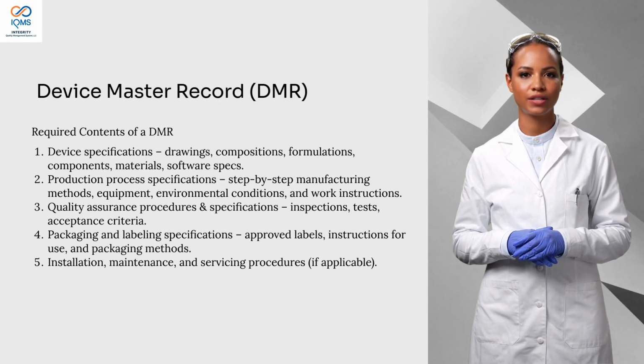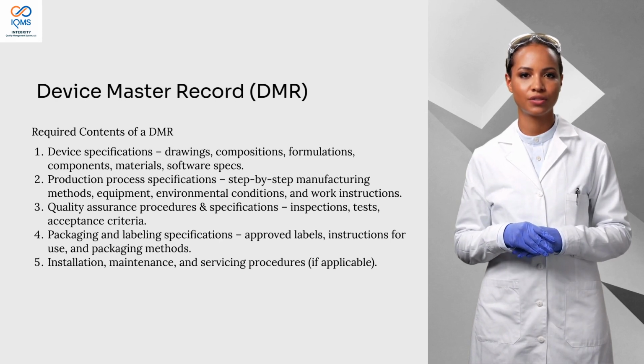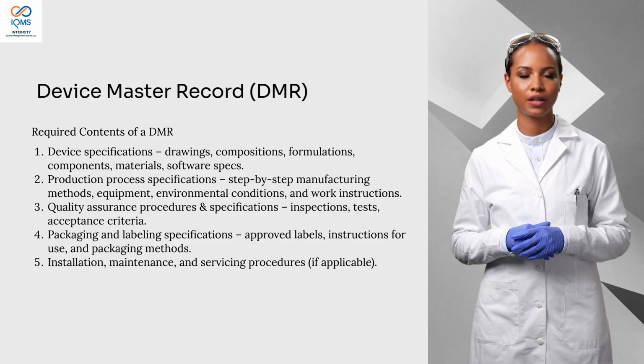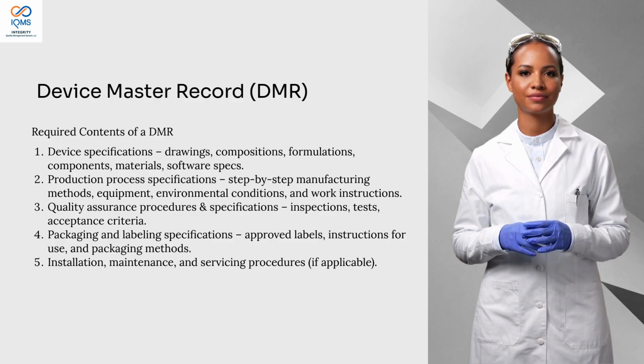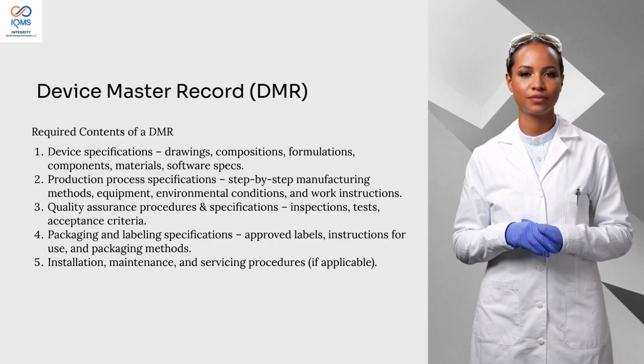Required contents of a DMR. 1. Device specifications, drawings, compositions, formulation, components, materials, software specs. 2. Production process specifications, step-by-step manufacturing methods, equipment, environmental conditions, and work instructions. 3. Quality assurance procedures and specifications, inspections, tests, acceptance criteria. 4.